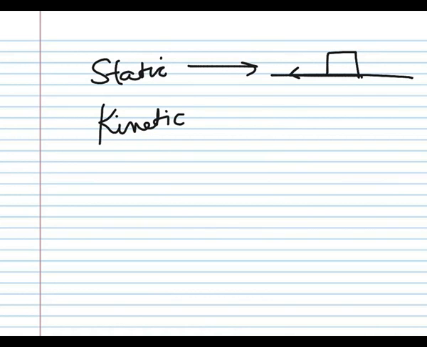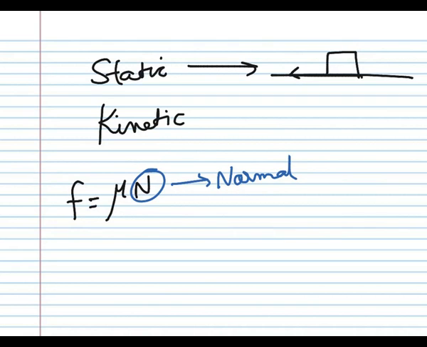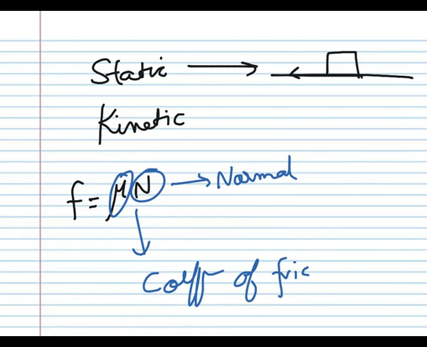So we write friction as F equals mu n, where n is the normal force and mu here is called the coefficient of friction.